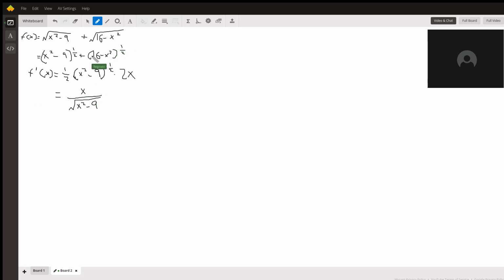So now I'm going to differentiate this. So it's going to be plus 1/2 quantity 16 minus x squared to the negative 1/2 times negative 2x.